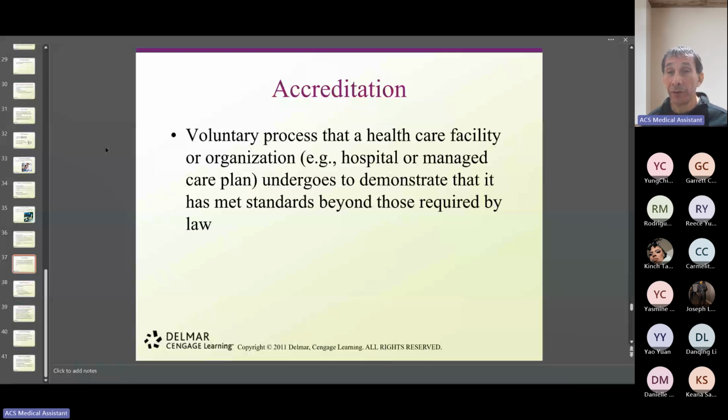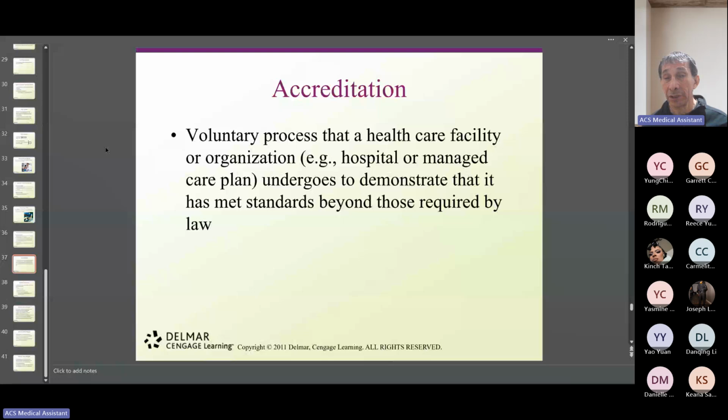If you receive money from the government to run your business, then you need to go through this process of accreditation. Doctors' offices do not go through this. If you are a private organization, you're not receiving money from the government, you don't get these evaluations from the Joint Commission. So that's basically what it is.